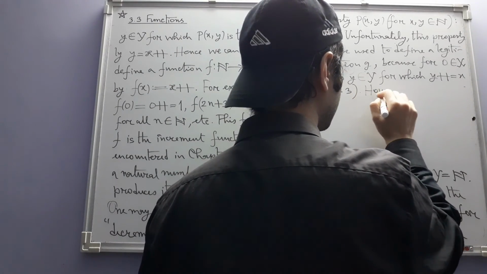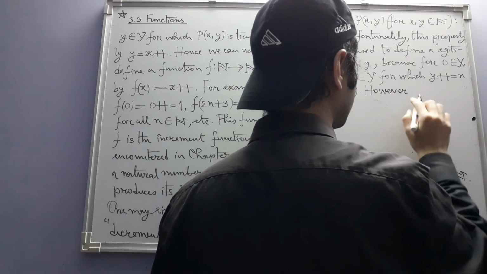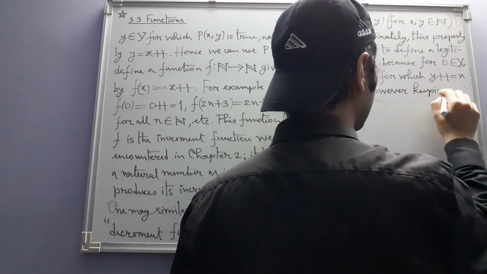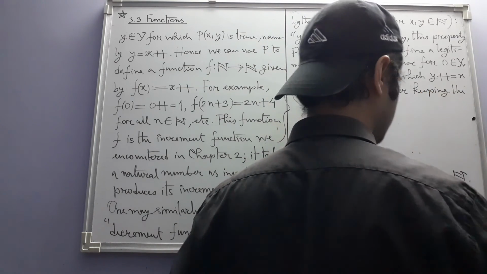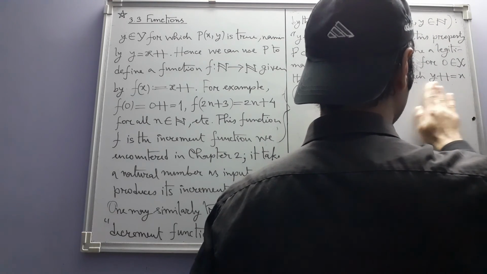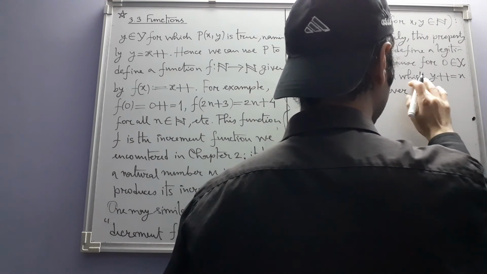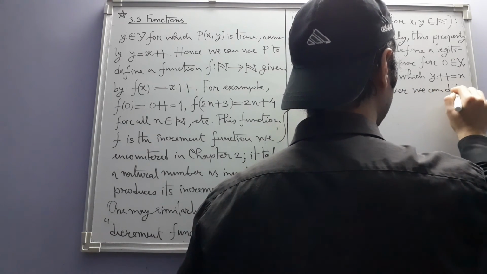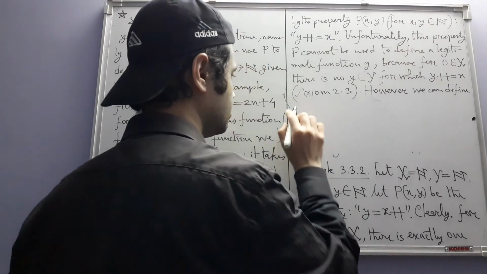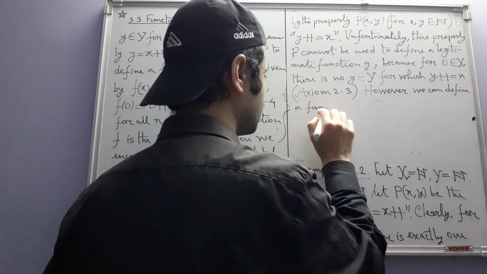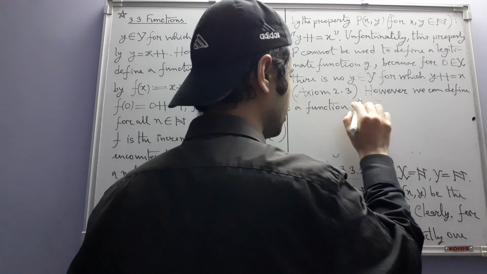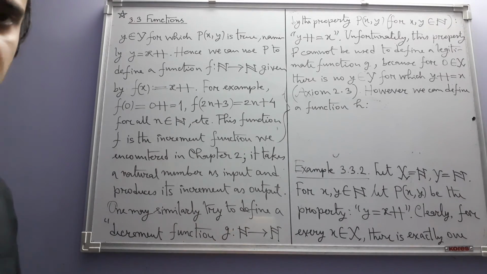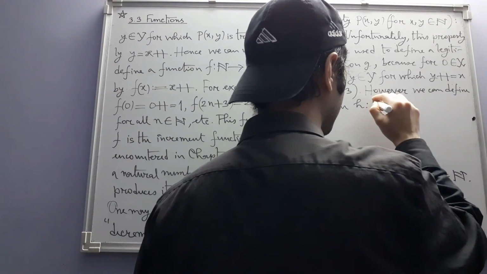However, we can define a function h. Now we will not define it from N to N because 0 is giving us problem.